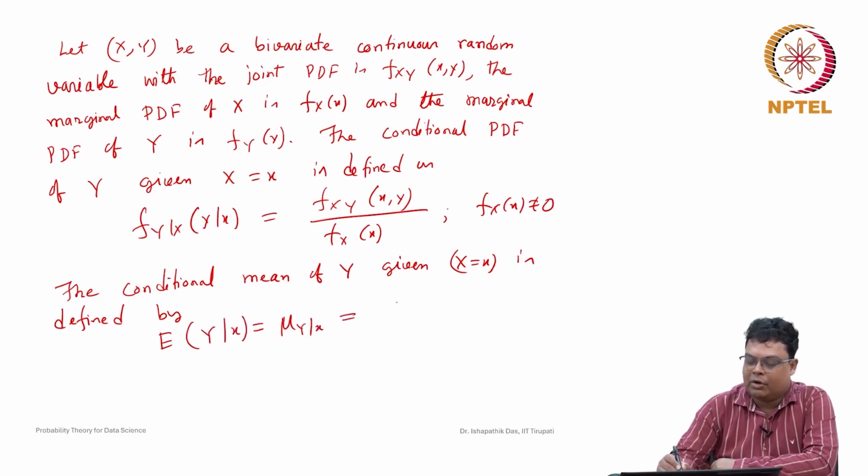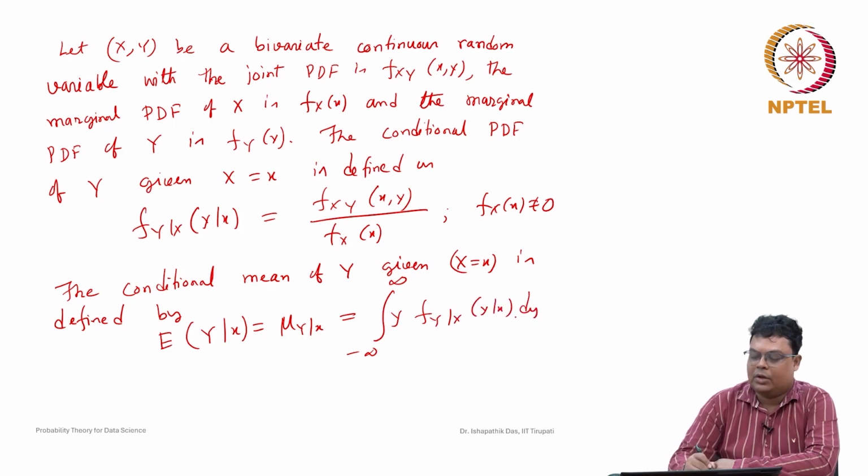Because it is continuous, we take the integration instead of summation; summation is for discrete random variables. It is the integral from minus infinity to plus infinity of y times the conditional probability density function f of y given x dy. This is the definition of the conditional mean.